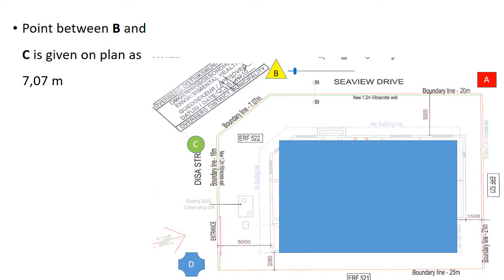The distance between point B and C is given on the plan as 7.00 meters, so that gives me another additional point. If I get C, then I can measure that to B, or if I get B, then I can measure that to C. So in essence, it boils down to getting as many reference points as possible.